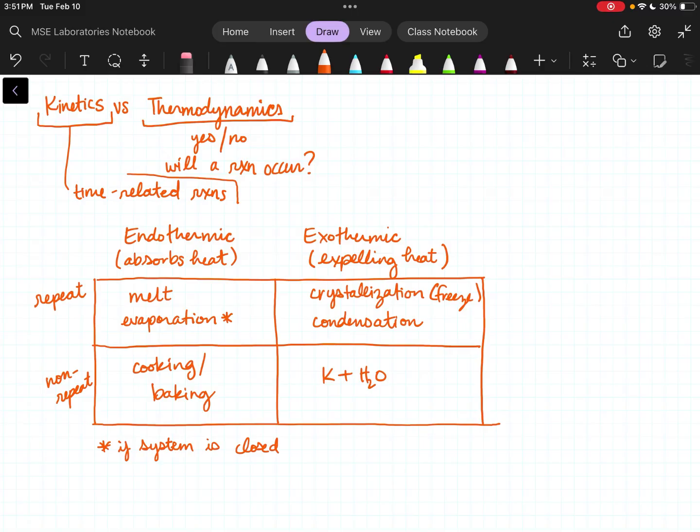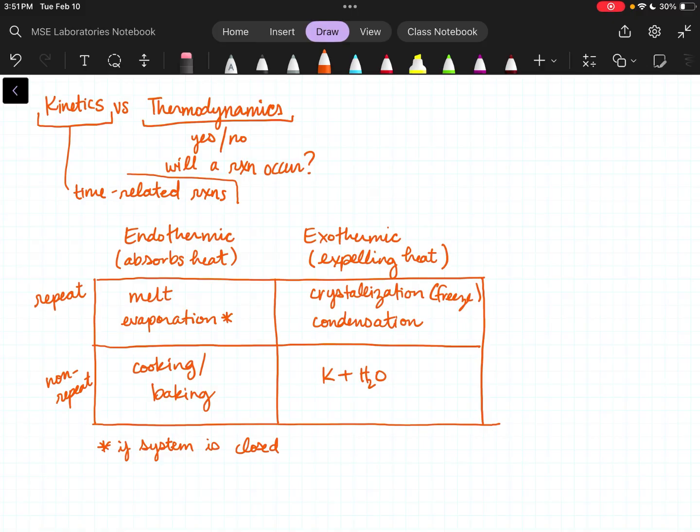We already talked about this, but I just want to reiterate that when I'm talking about non-repeatable, some of these things can be undone. If we're talking about Jell-O, I don't know if that's endothermic or exothermic, but Jell-O sets, and it sets by going from hot to cold. There's no amount of leaving it out that's going to reverse it. But if you get it really hot, you can kind of reverse it.